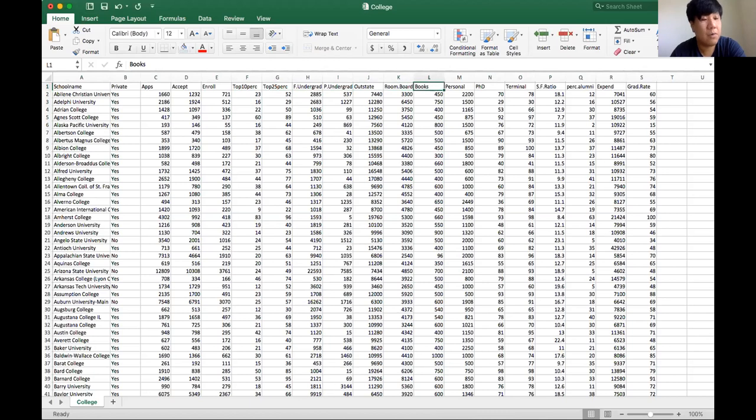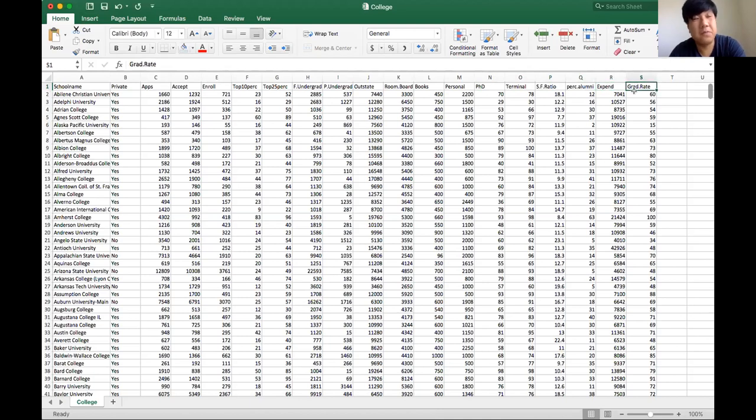This is the cost of books, and this is personal expenses. This is the percentage of faculty with a PhD, and this is the percentage of faculty with a terminal degree, and this is the student-faculty ratio, and this is the percentage of alumni who donate. This is instructional expenditure per student, and this is graduation rate.